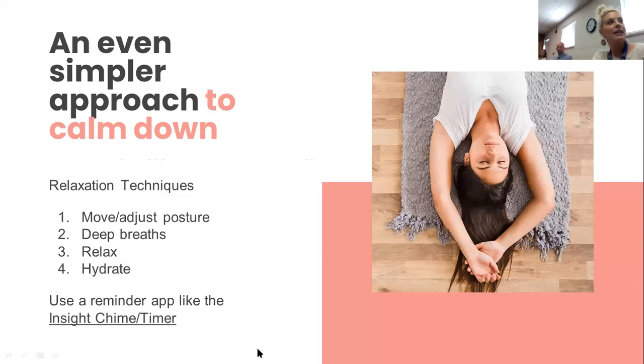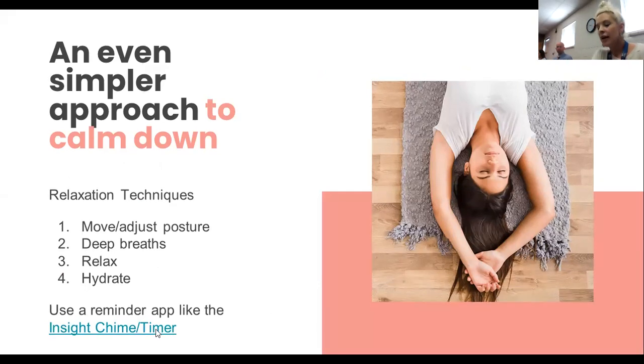And then I wanted to give you guys a little app to download or to use with your kids. It's called the Insight Chime Timer. I'll show it to you. I use this often. It comes on my phone a couple times throughout my day. I have it set for some alarms. I'm a very anxious person, so this helps relax me.